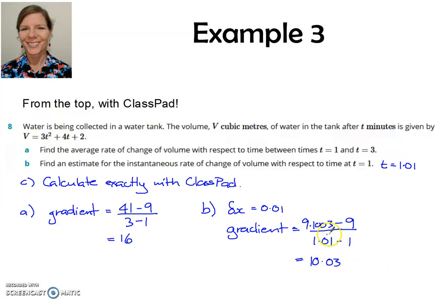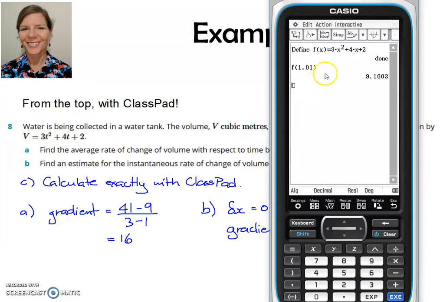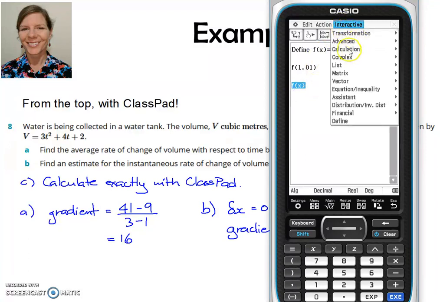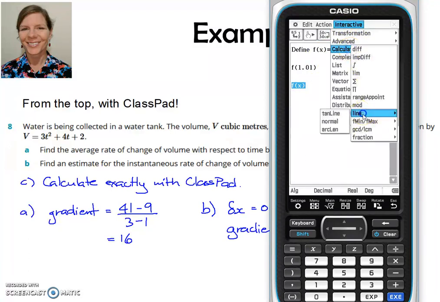Okay, now this is a pretty small interval, so you could say, well, we're probably approaching 10, but we're not really sure. It seems reasonable, but we're not absolutely sure. But the ClassPad will do this for us. So if we go back into here, let's just drag f(x) down. Highlight, go up to Interactive, Calculation, Line, and what we're doing is finding a tangent line.